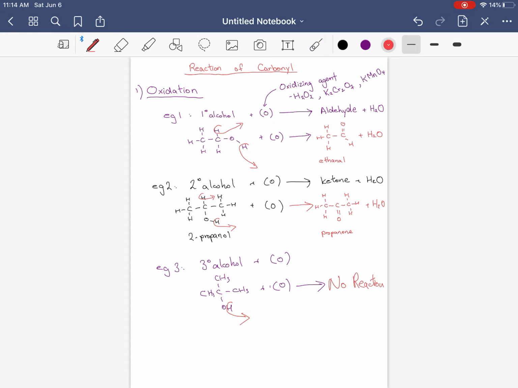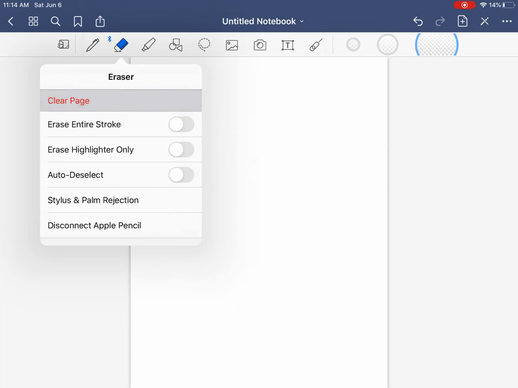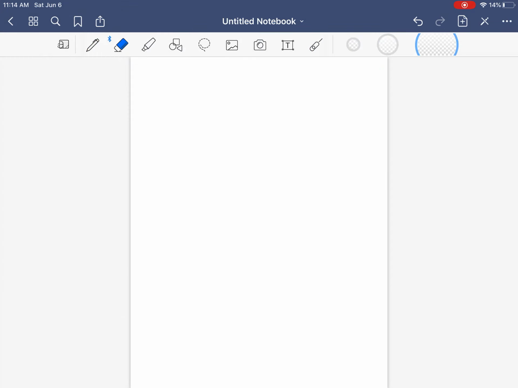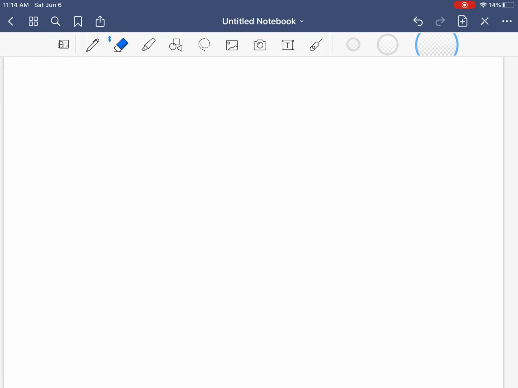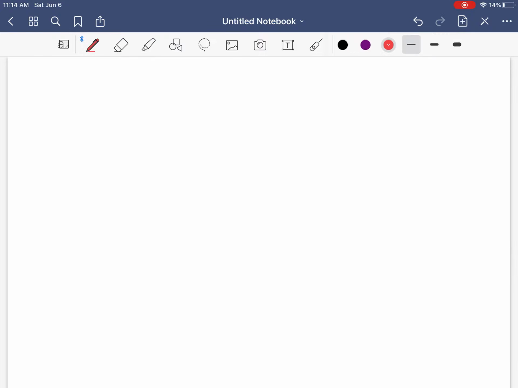Let's take a look at the reaction of alcohol, which is not interesting at all, because what we're looking at here is nothing more than a reverse of what we just did. So number 2, this is another hydrogenation reaction, a hydrogenation of ketone and aldehyde. Let's take a look at an example.